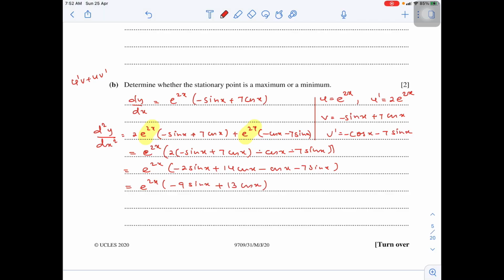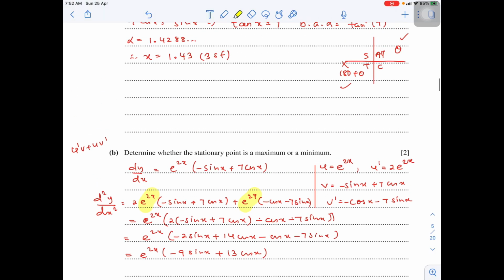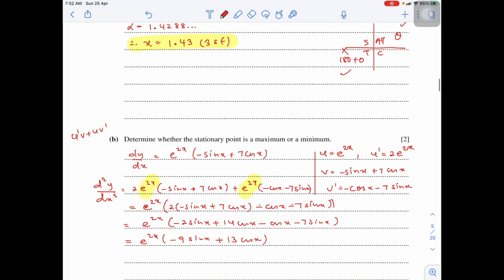So e to the power 2x times (negative 9 sine x plus 13 cos x).